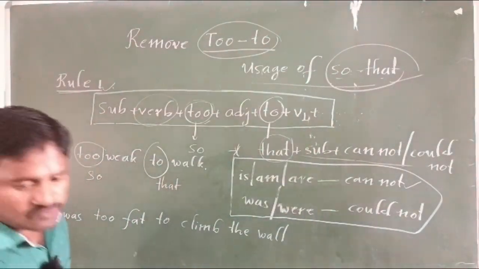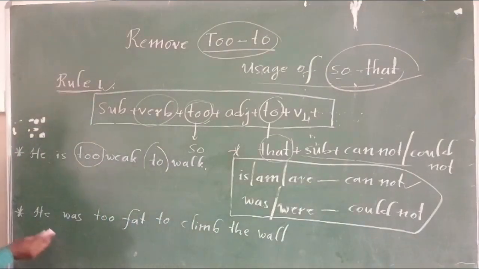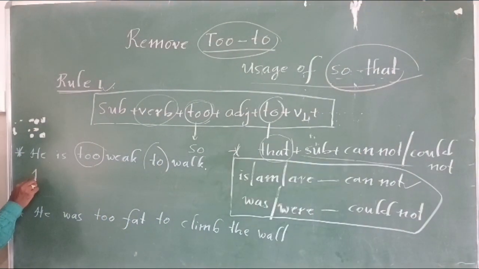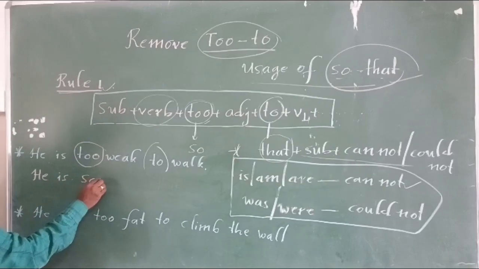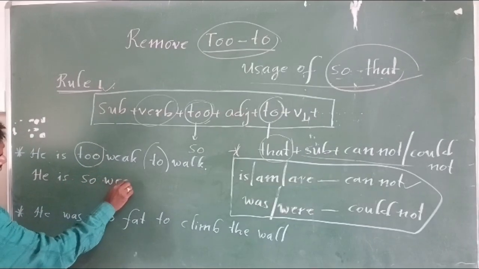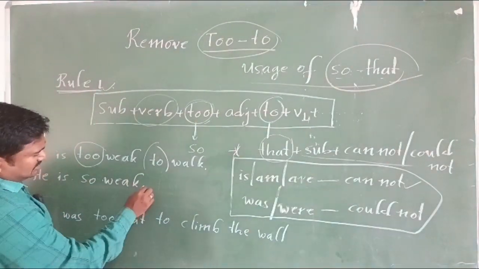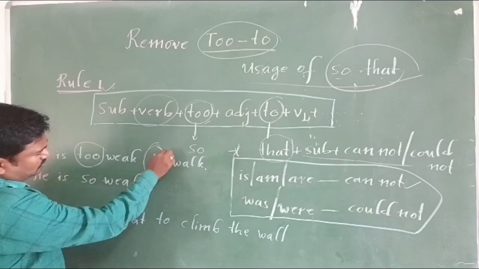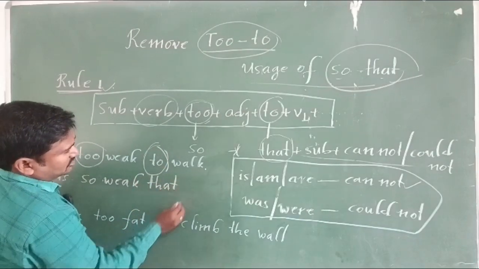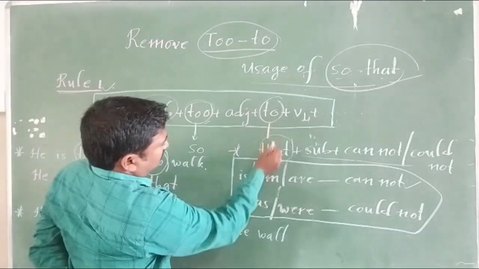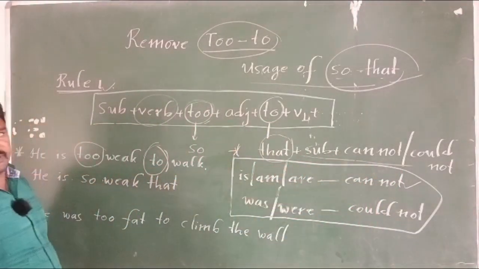According to that, now you see, he is so weak. He is so weak. Then in place of "to" we'll use "that". After that, what must we use? After the subject we place cannot or could not, then the remaining part.